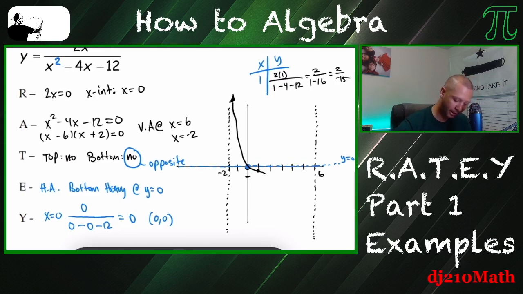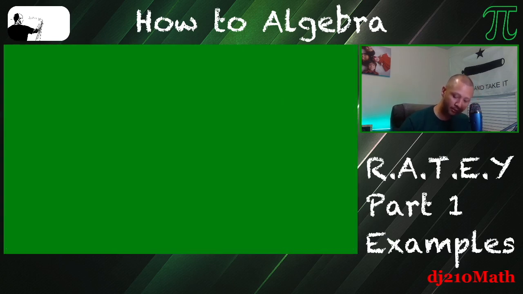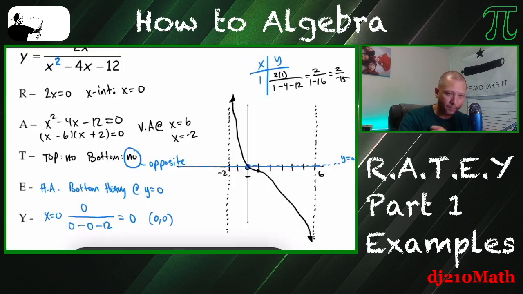But not only does it have to do that, it still has to tend towards the vertical asymptote, going down. So I know it has to tend towards the vertical asymptotes.